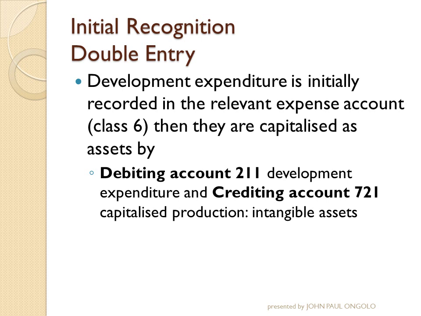Remember that development expenditure is an internally generated intangible, so it's just like a self-constructed asset. So once again, we are going to recognize development expenditure from the date all of the recognition criteria are satisfied, and from that date we initially recognize the expense in the relevant account 6, and then we credit account 721 and debit account 211 for the development expenditure.